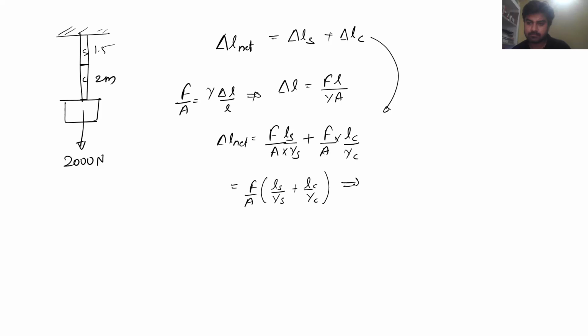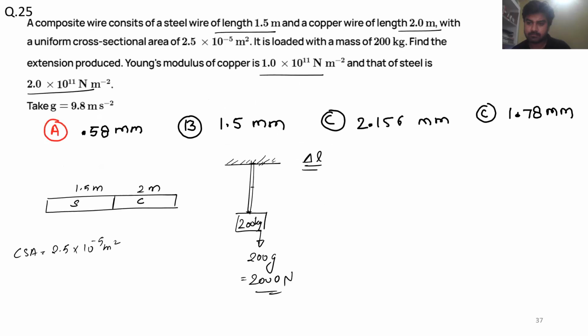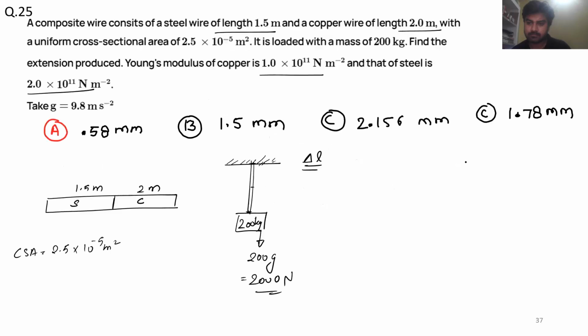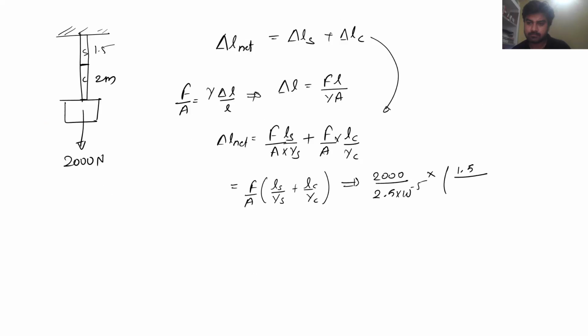Now let's put the values. Force is 2000, area is 2.5 into 10 to the power minus 5, into the bracket: length of steel wire 1.5 divided by Young's modulus of steel 2 into 10 to the power 11, plus 2 by 1 into 10 to the power 11.